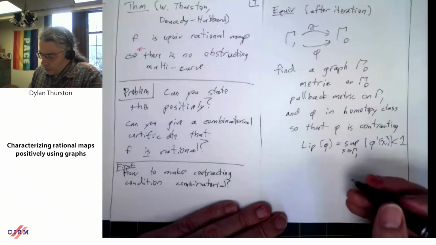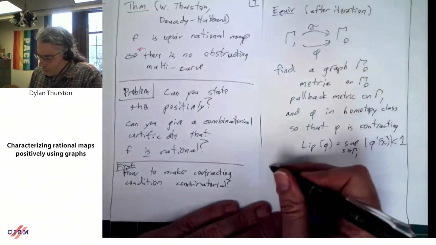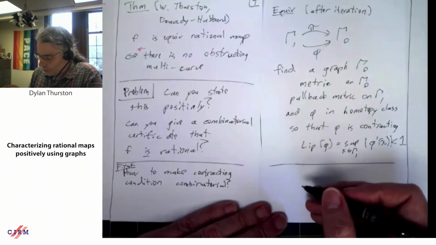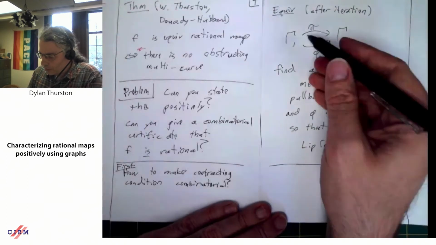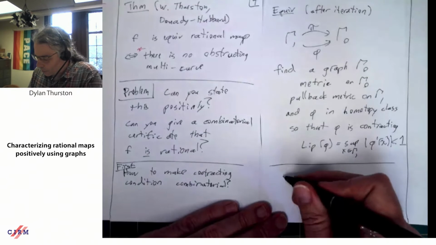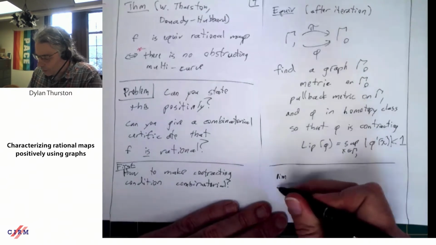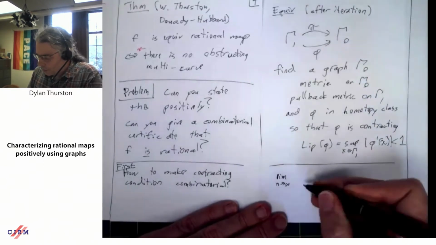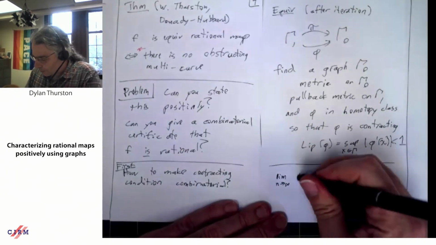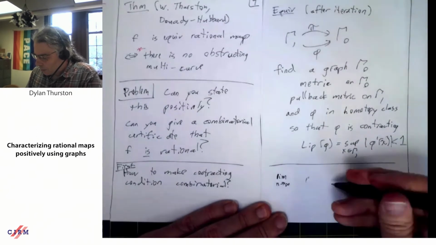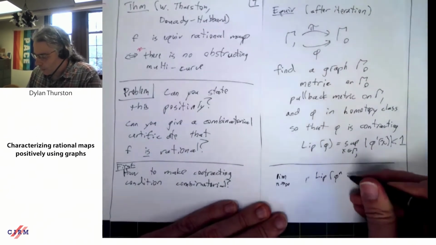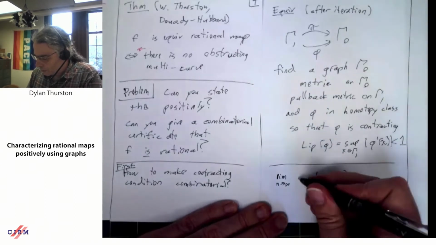On the other hand, to go the other direction, if I claim that this is an if and only if, you look at things like the limit as n goes to infinity of the Lipschitz stretch factor of the nth iterate.